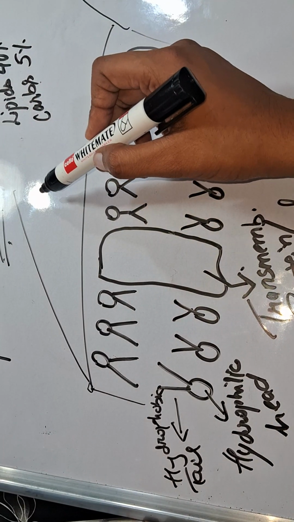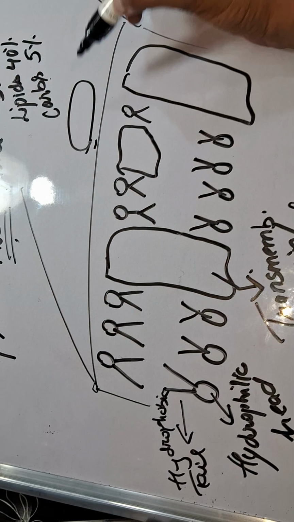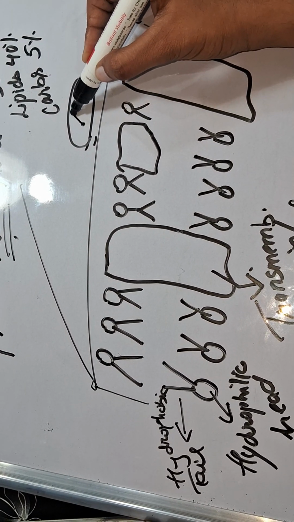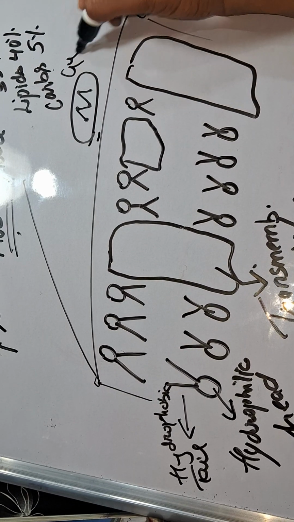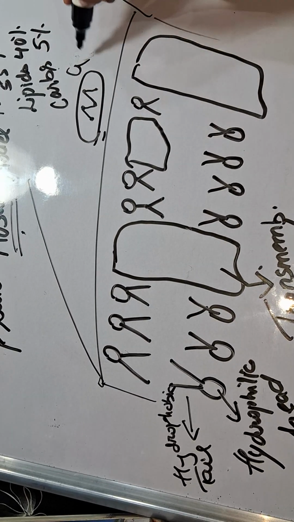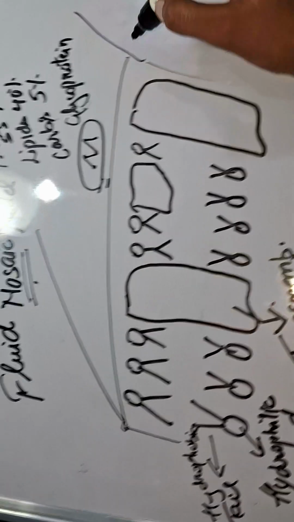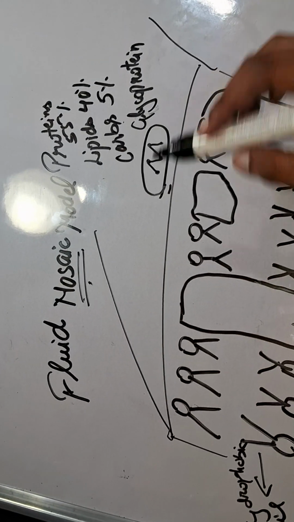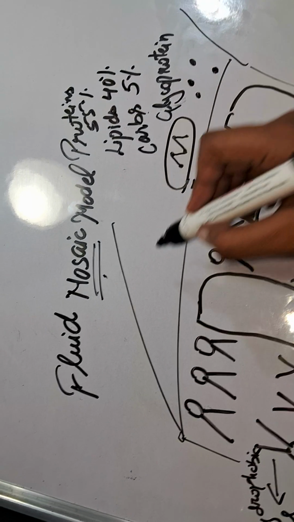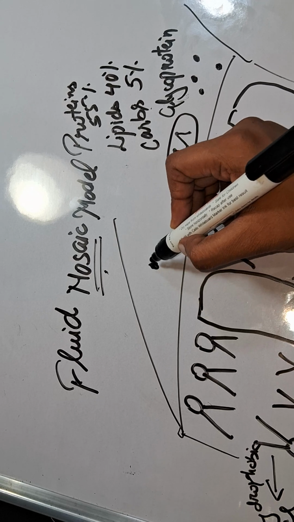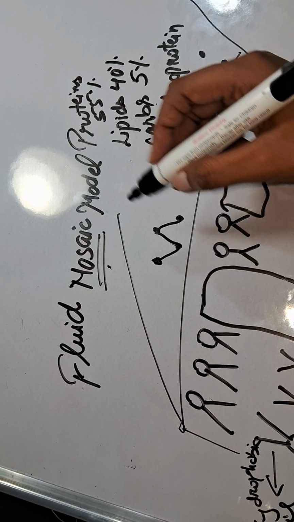Carbs are arranged over here. These are proteins. Okay, and in the proteins, these are chains of protein known as glycoproteins. Okay, and cholesterol is present over here. Cholesterol. This is a chain of the glucose molecules.